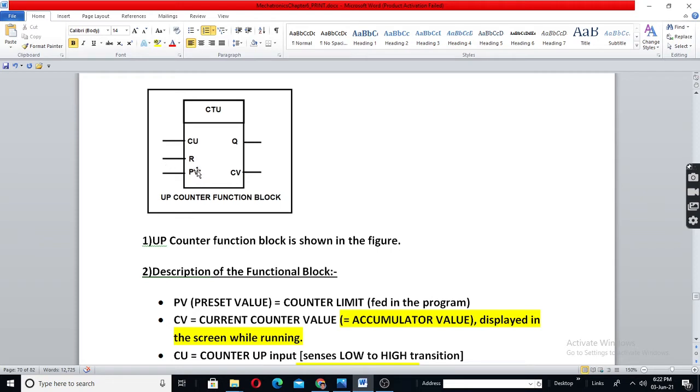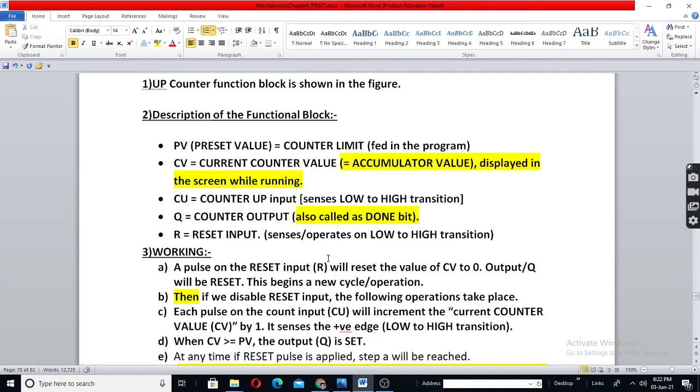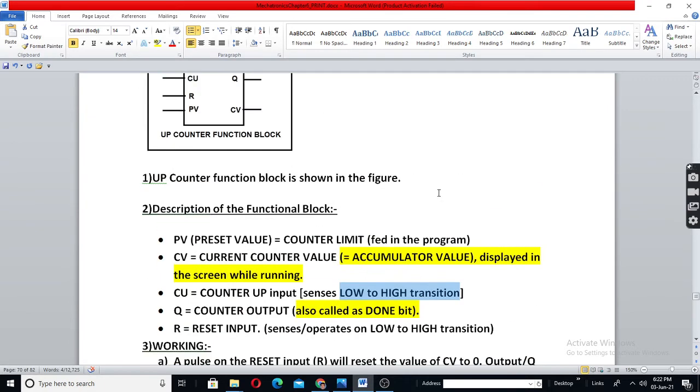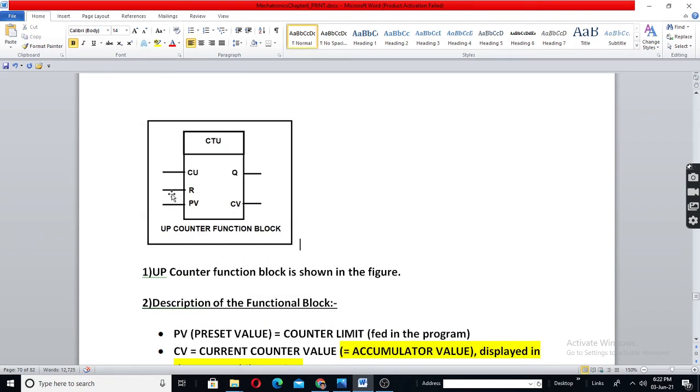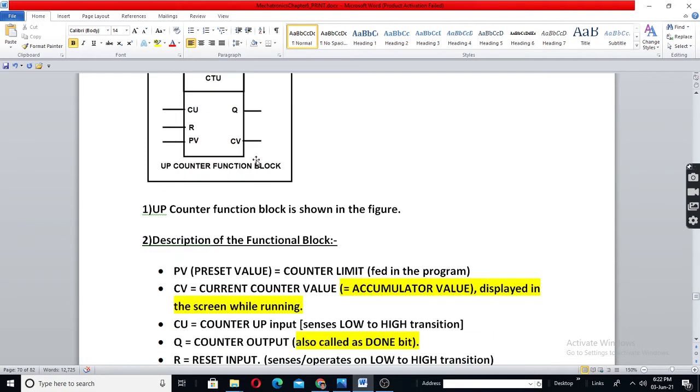Both CU and R are sensed during low to high transition. Here also low to high transition, here also low to high transition. So if we give a reset pulse, the output will become 0 and the current value or counter value will become 0.